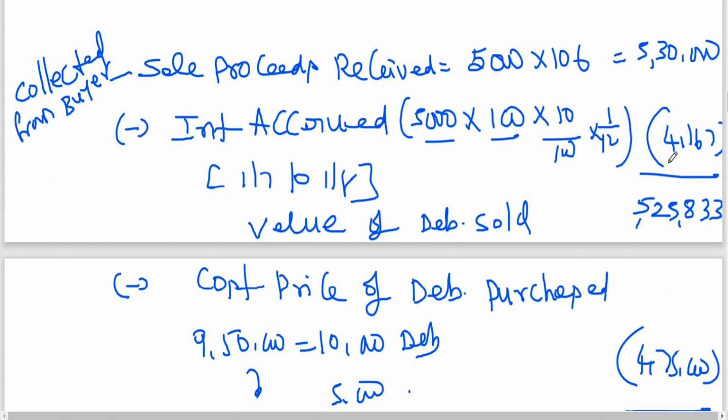From his pocket he is paying 5,25,833. This is the amount received on sale of debentures. This is clear. Value of debentures sold is nothing but excluding interest.